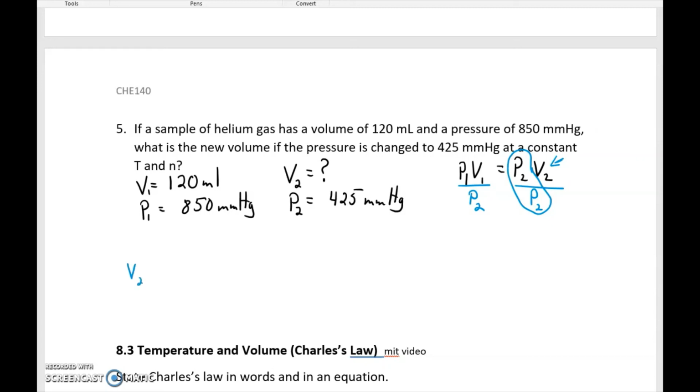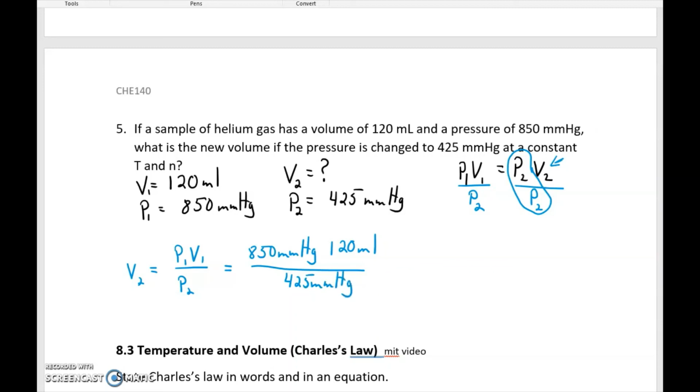So V2 is then equal to P1 V1 divided by P2. P1 is 850 millimeters of mercury. V1 is 120 milliliters. We're going to divide that by P2, which was 425 millimeters of mercury.